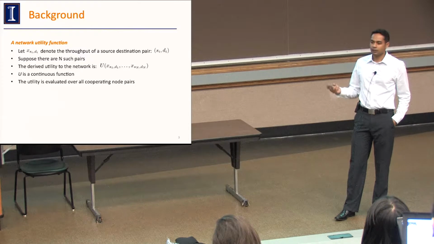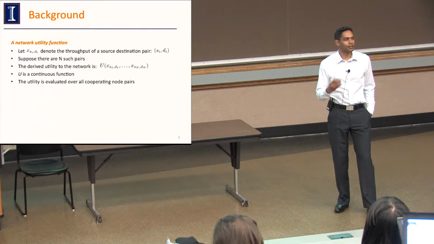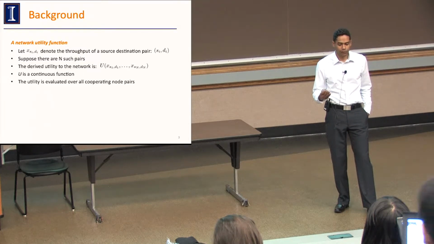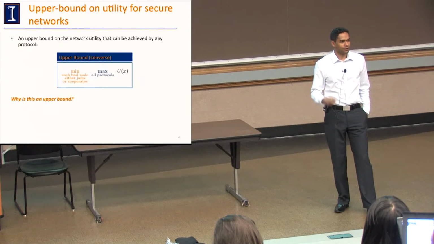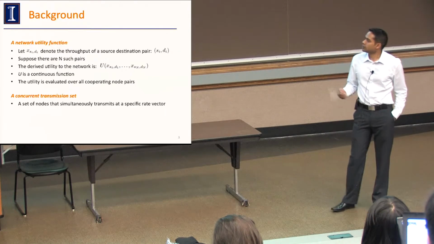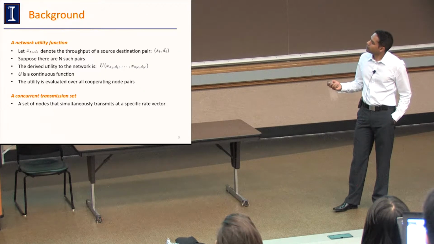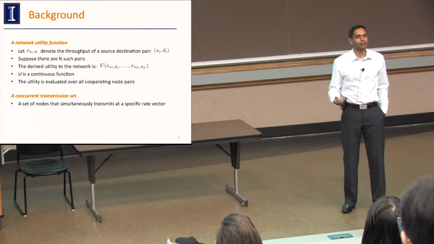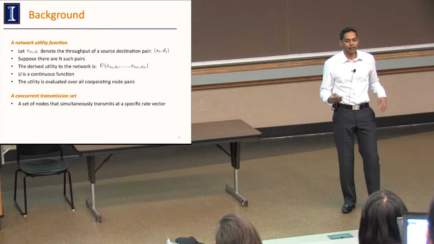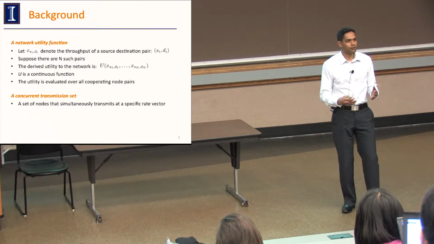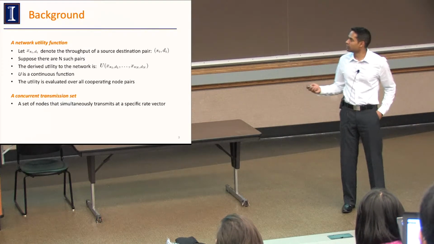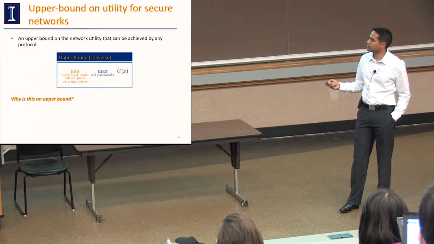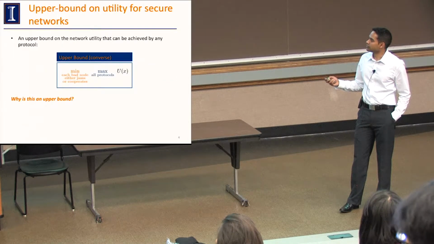The network utility function measures the utility derived by the network from that throughput vector. And we evaluate the utility over all pairs of nodes that are cooperating. So if we have a network that has attackers or hostile nodes, some of them might not cooperate, but we evaluate the utility function over all cooperating pairs of nodes.